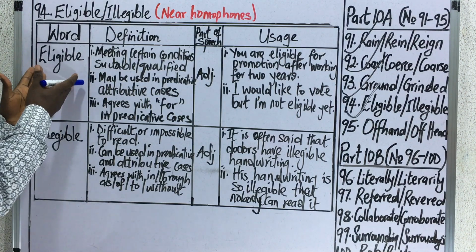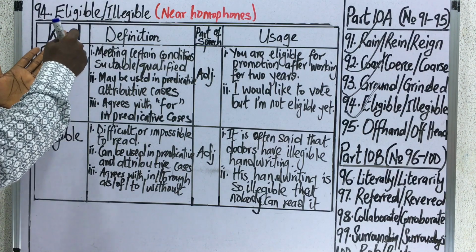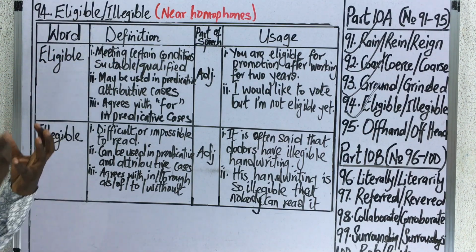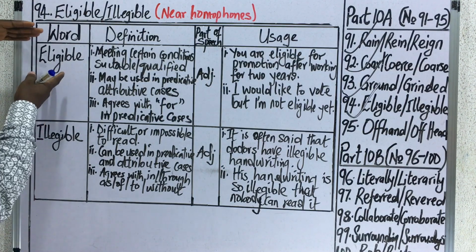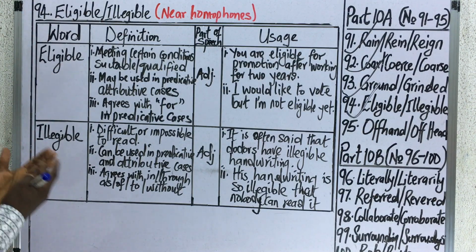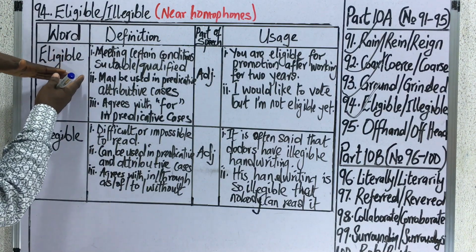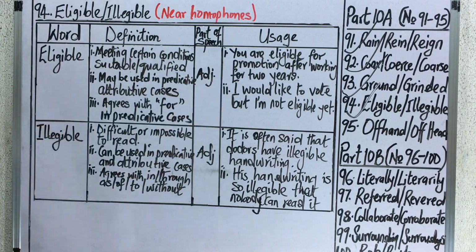For the first word, eligible, we say that it means to meet certain conditions, or for someone to become suitable or qualified for a position. So that is what we mean by eligible, to be qualified to do something. Then the second tip under this word is the way to use it in expressions.